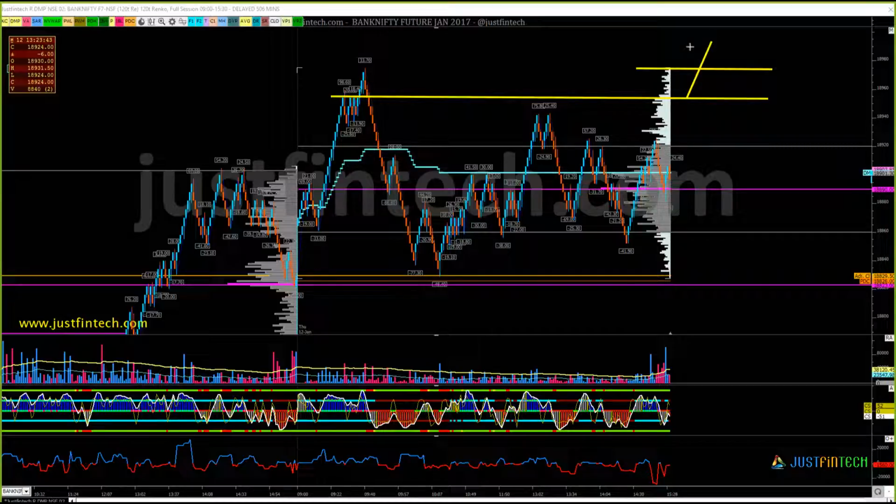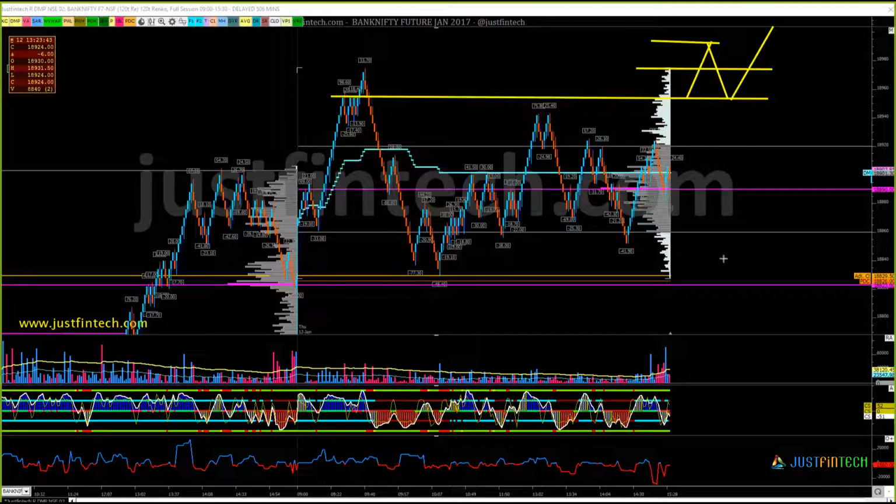So let's consider that this is a gap up, and it pulls back down into this congestion, does not find any supply, and starts its move up into the 19,050 zone. That can be one likely scenario.